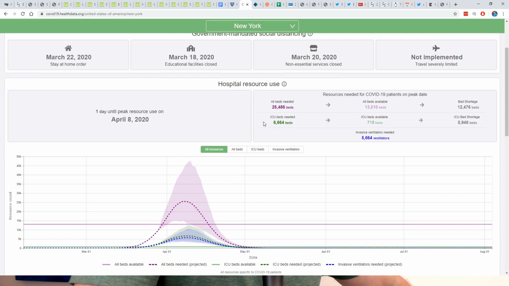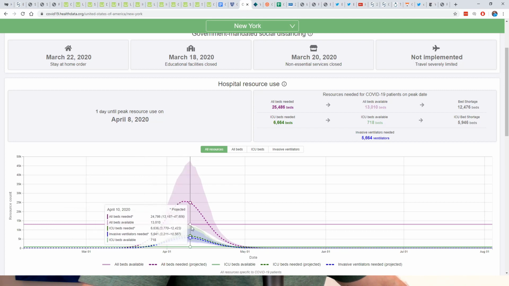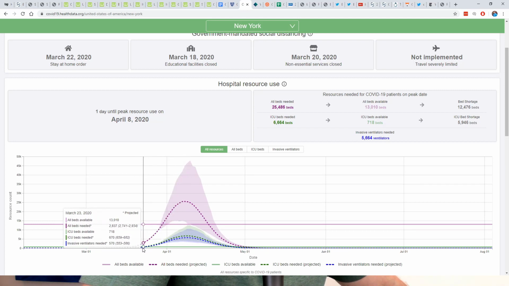And then this is hospital resources. So this is our resource count. And these are all available beds right here. Okay, and this is all available ICU beds. So you can see right here, here's our projection of where we're at now.